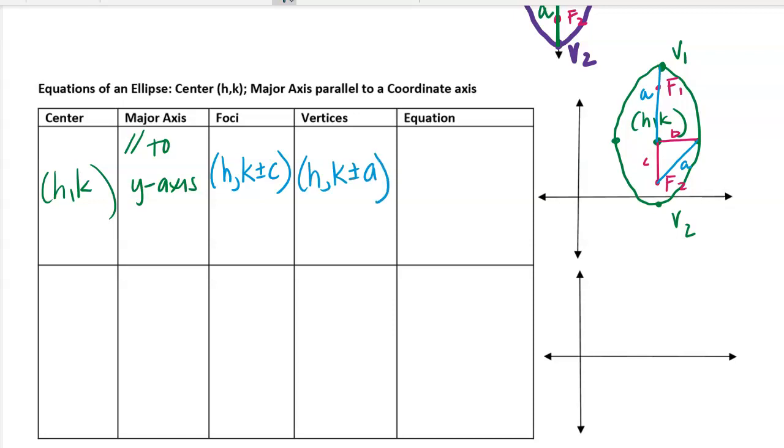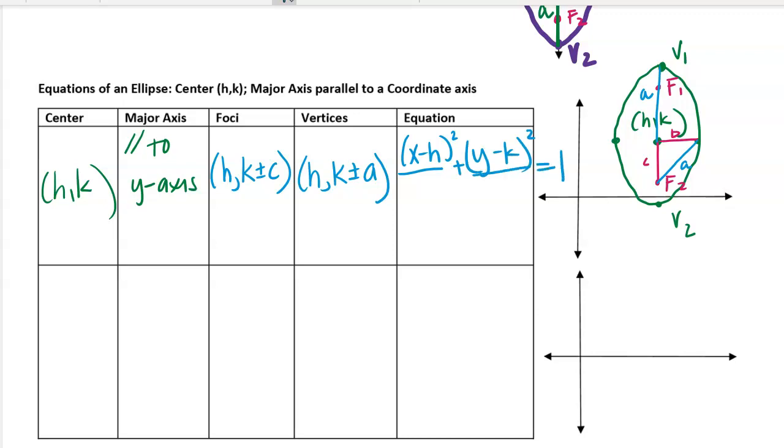Now the equation for this, would you agree that this is vertically positioned? And based on the theorem, if it's vertically positioned, which variable gets the a squared? The y. Okay, so we're going to go in and write x minus h quantity squared over something plus y minus k quantity squared over something, always equal to 1.